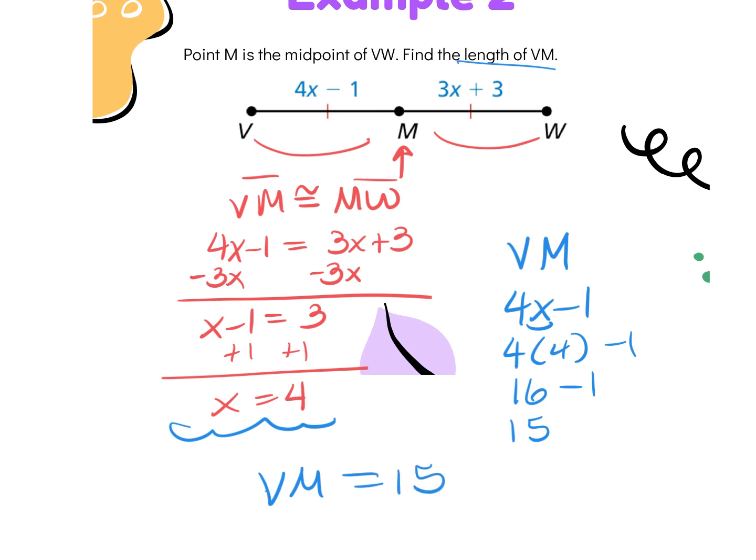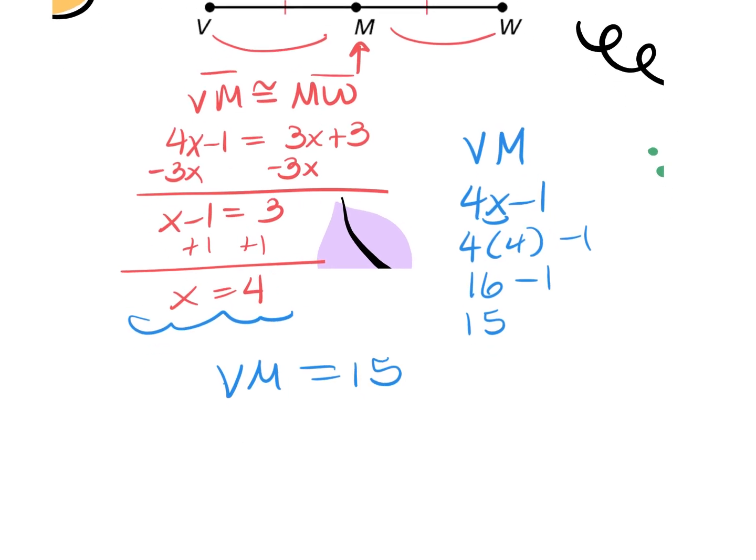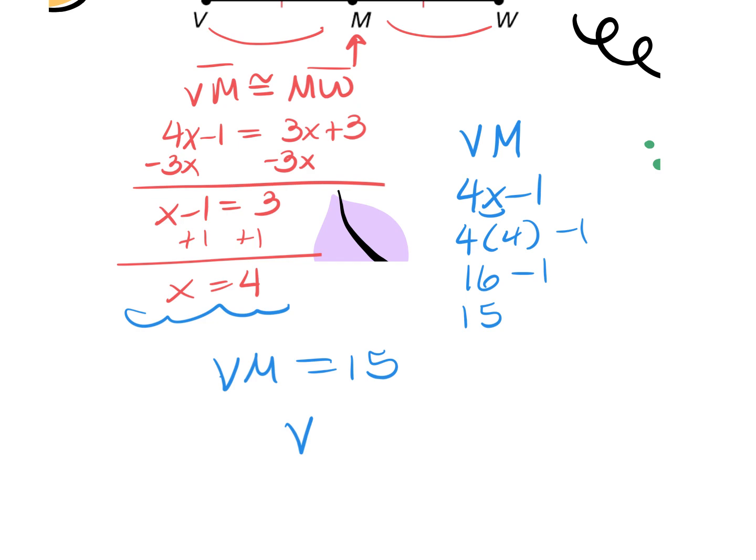Now, the way that I change different versions of a quiz or a test in this class, let's say instead of asking you to find VM, I could have said find MW. So the person next to you, their quiz may say find VM, but then the other person might have MW. Or I might have also asked you to find the length of VW, the whole thing.